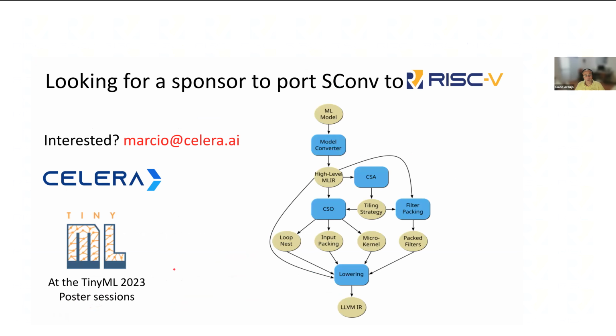All right, so we're coming to a close of the talk. What is the role of Celera in this? Celera is looking for a sponsor to port SConv to the RISC-V technology. There are a number of questions that need to be answered, at least from the point of being able to port SConv.